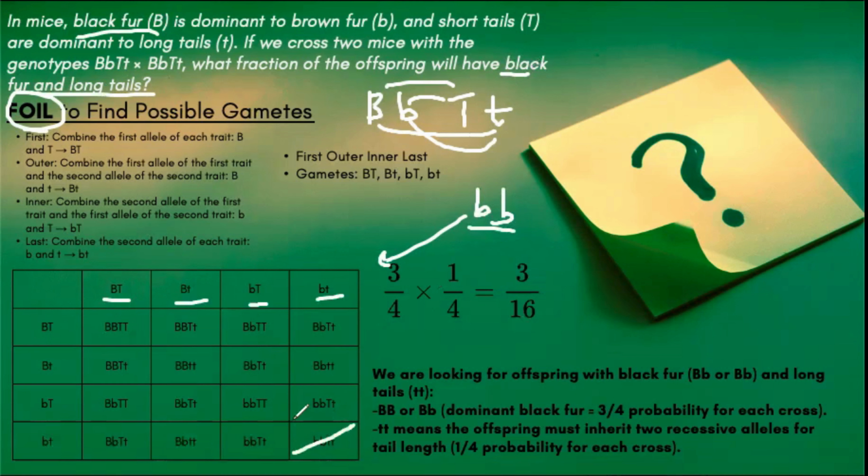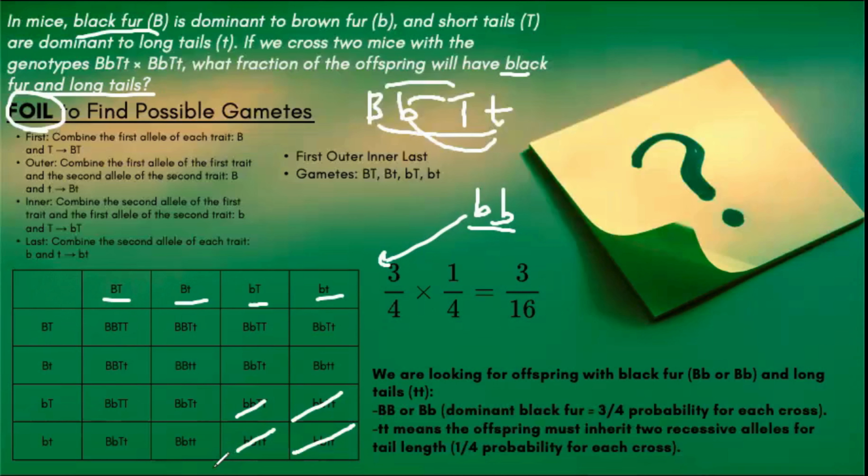So you don't want any recessive little b's in here to count. I usually just eliminate those off the bat, so that's one way to get rid of them. And it says that it has long tails, which are recessive. So that means little t, little t.